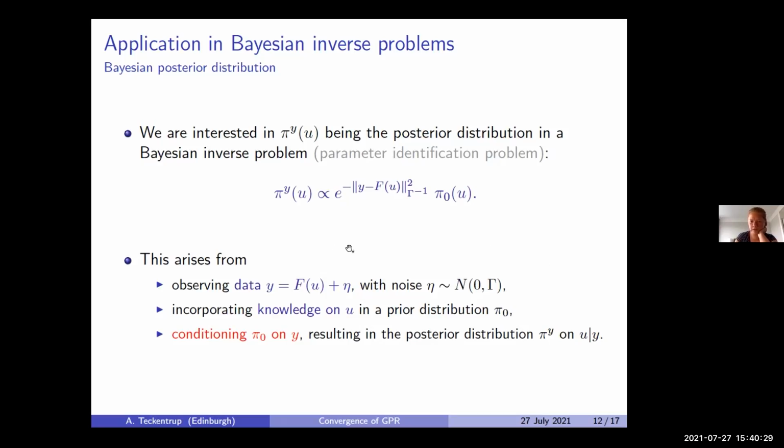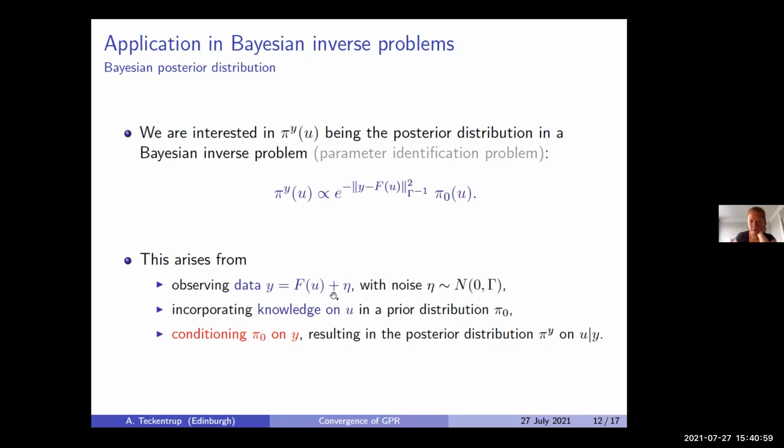So if we have the following inverse problem, where, sorry, I shouldn't have used y, this is now a different y than before, we observe some data of the form f of u plus eta, where eta is some noise. And what we want to do is find what u is given y.